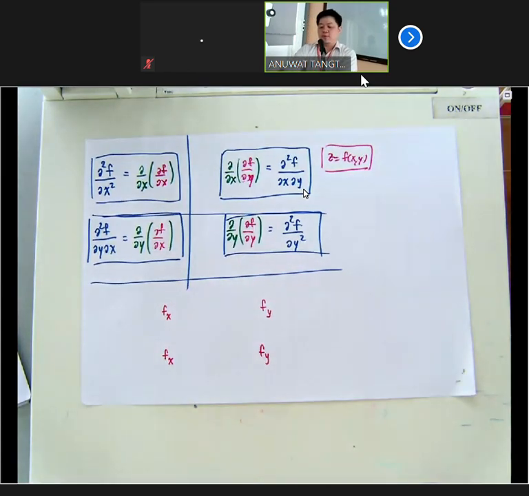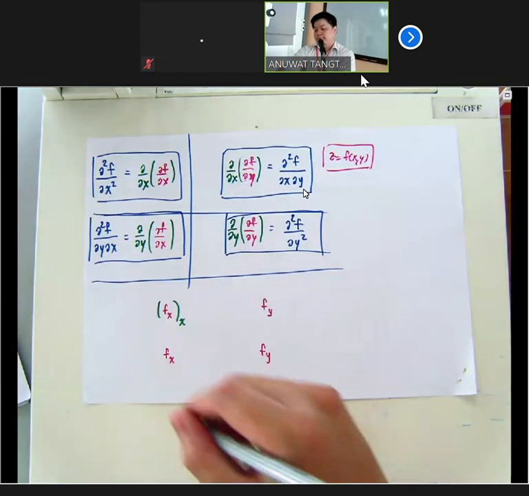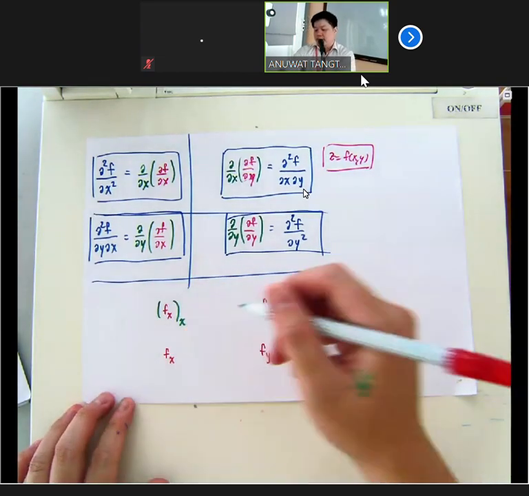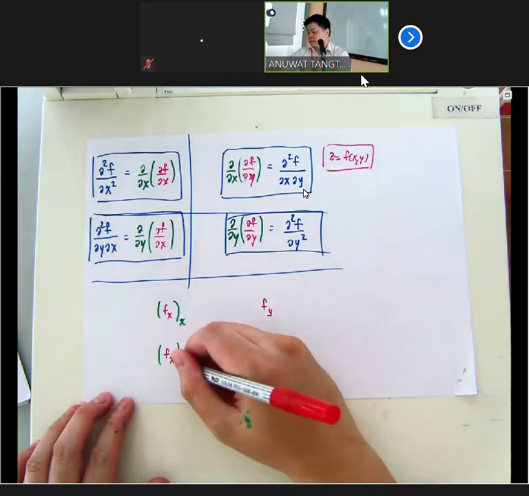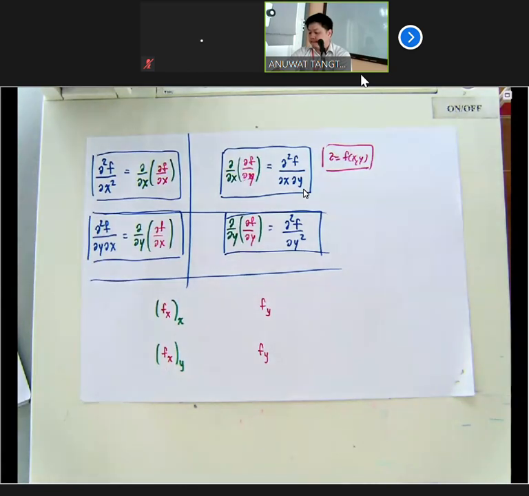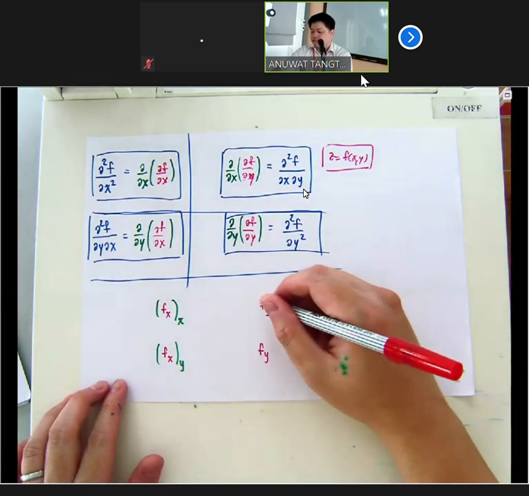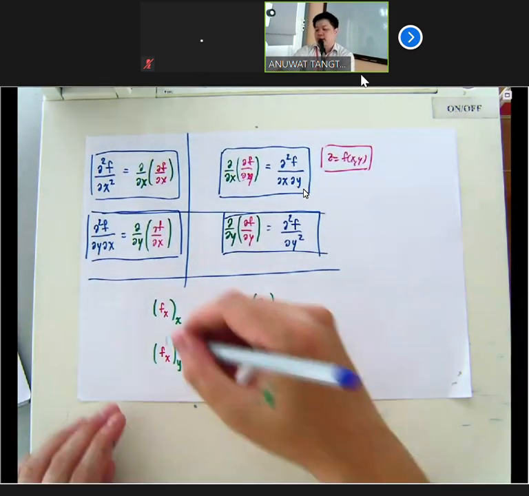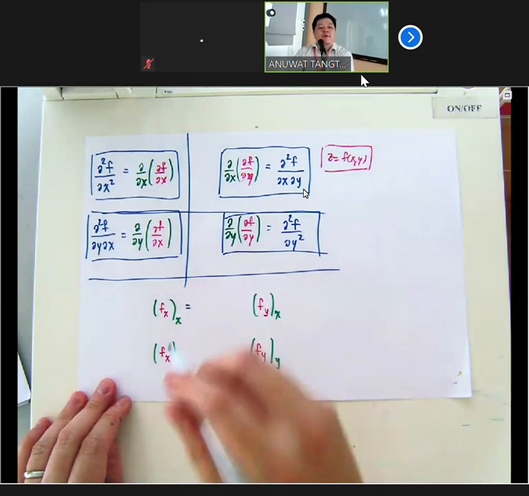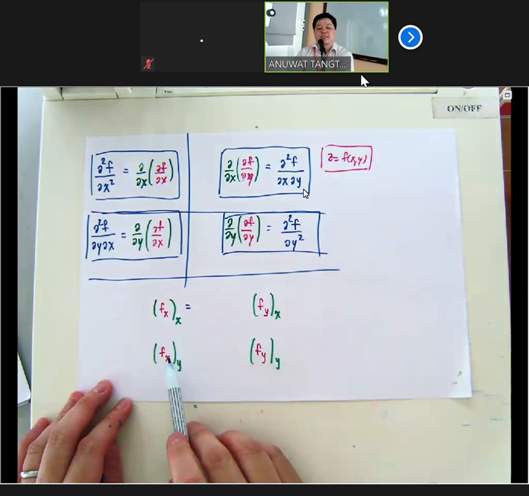And if we do derivative with respect to x one more time, but this one we do with respect to y. Now let's see the notation here. This is fxx, this is fxy, this is fyx, and this is fyy.